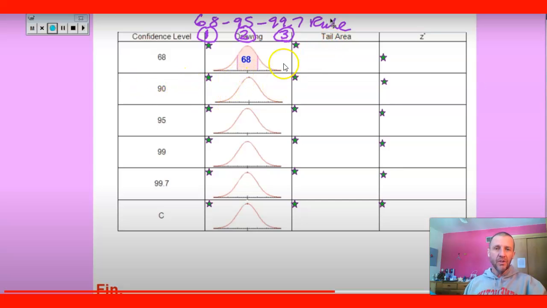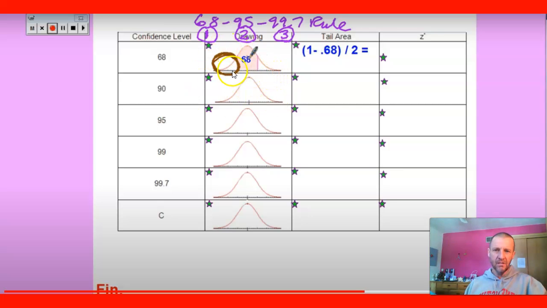So how much is in this tail down here? If 68% is between these lines in the shaded part, that means there's 32% in the 2 tails together, which means this is 16% down here. Watch, he's going to do the calculations about how to get there.